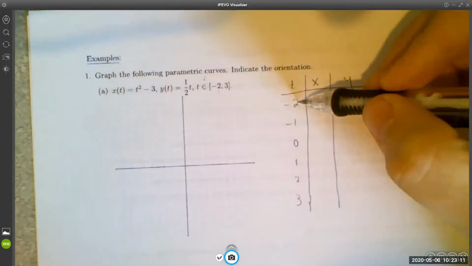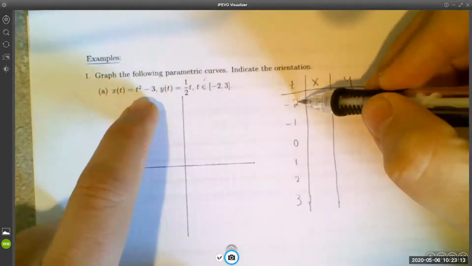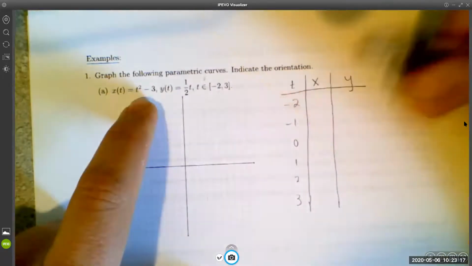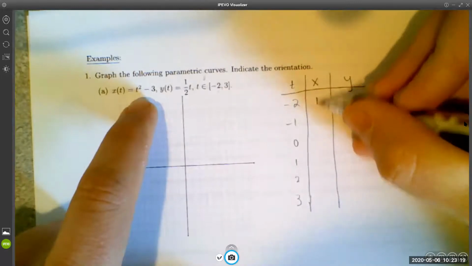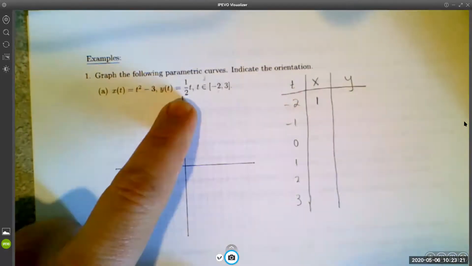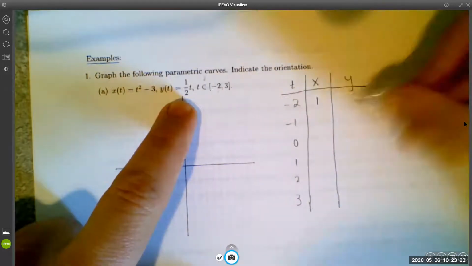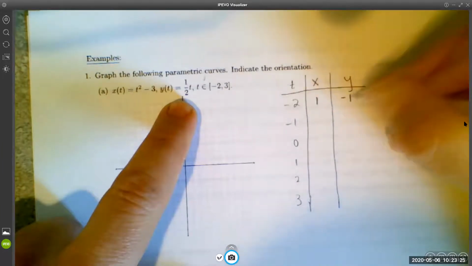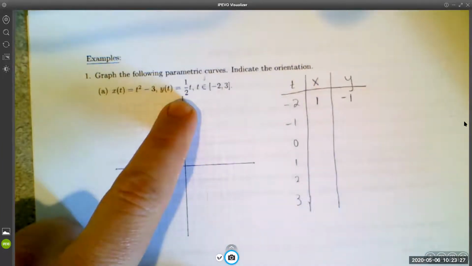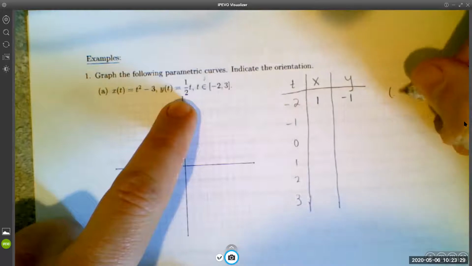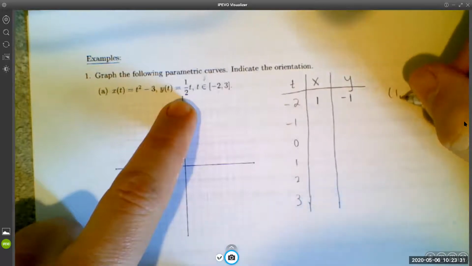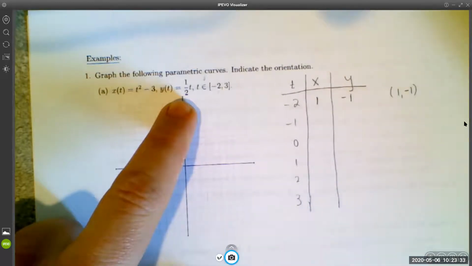So if I plug in -2 here, -2 squared is 4. 4 minus 3 is 1. If I plug in -2 here, 1/2 times -2 would be -1. And so I get the point -1, 1. Sorry, not -1, 1, but 1, -1. So I'm going to plot the point 1, -1.